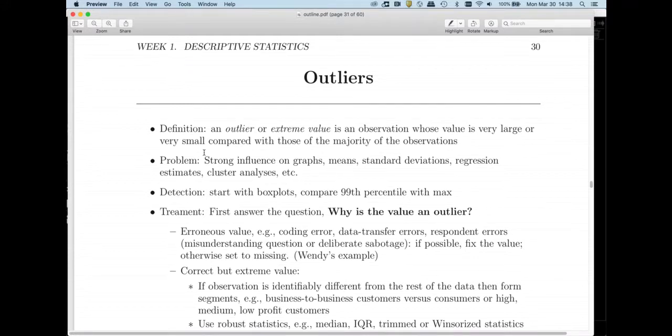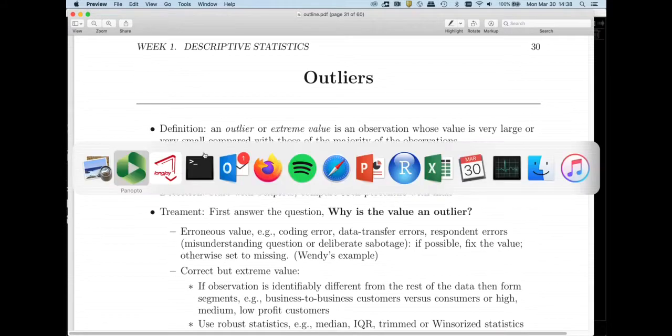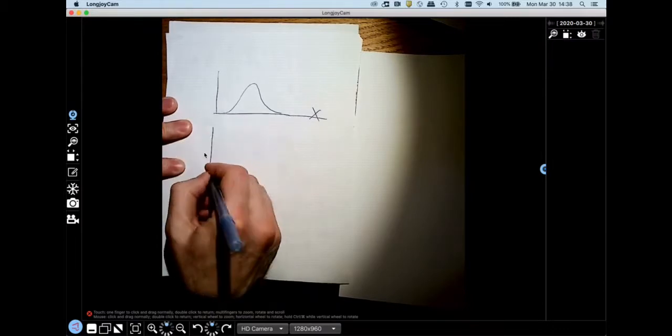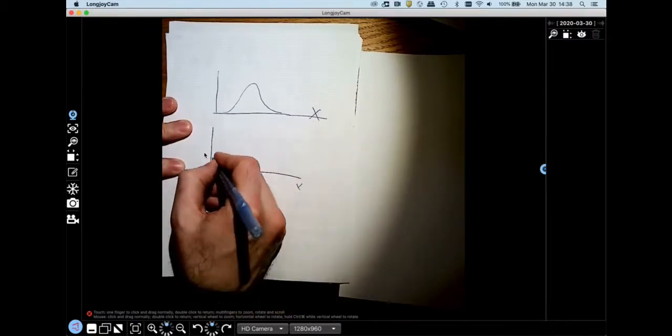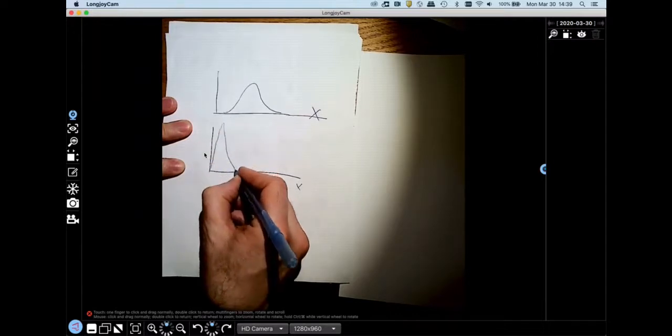One example would be a graph, a histogram. If you had a very extreme outlier, what could happen when you make a histogram is that the majority of the data could be down here.